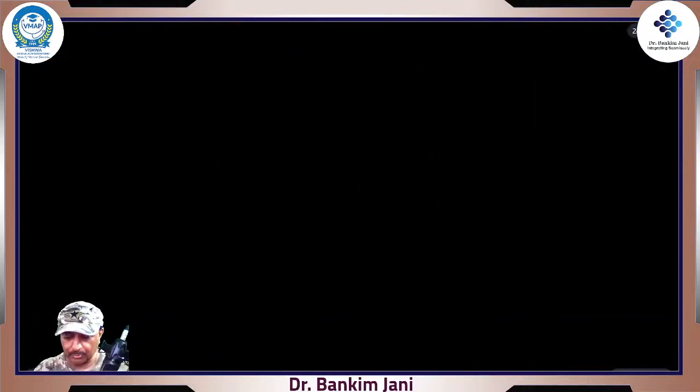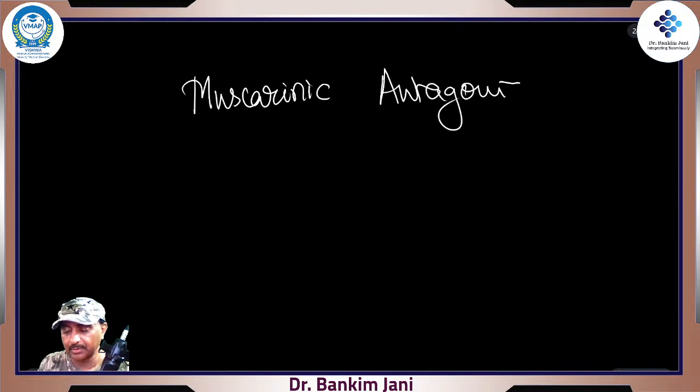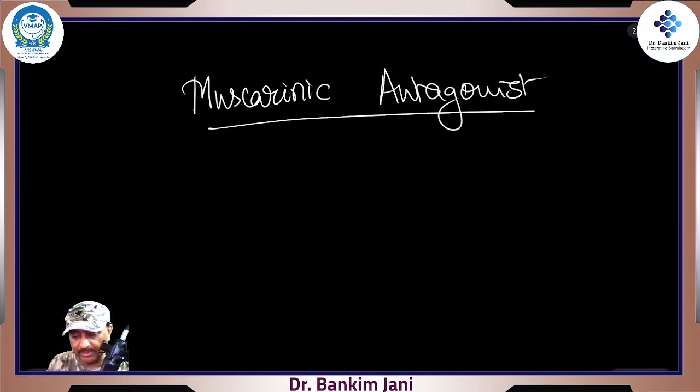So if we have, listen carefully, a muscarinic antagonist, right? There are agonist and antagonist. Antagonist means it is going against it, right? So what will this do, because this is a muscarinic antagonist, right?